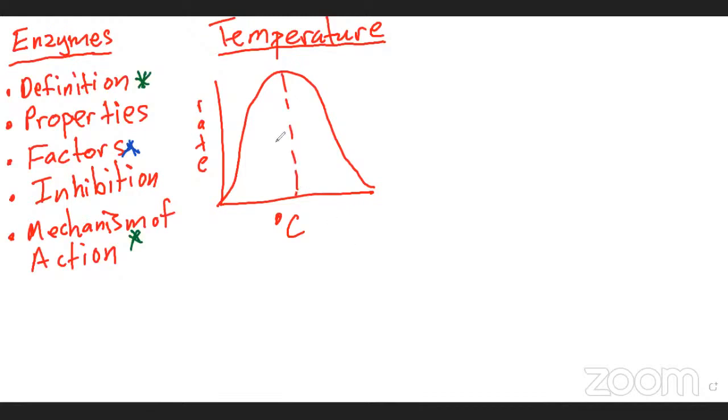As we know, this temperature here, I can put 0, 50, let's say 25. So this would be our optimum temperature. We will get our maximum rate at this point.